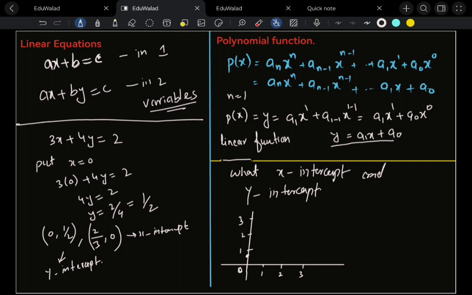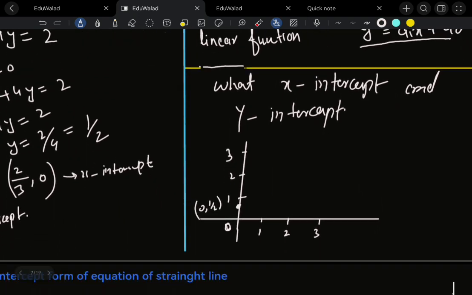Here our point lies at 0, 1 upon 2, and the second point is 2 upon 3, which is equal to 0.3.